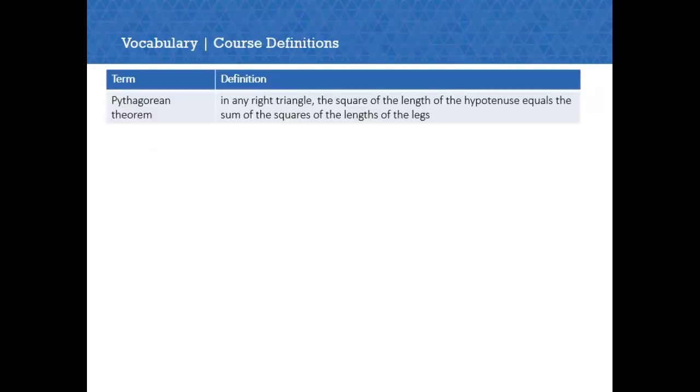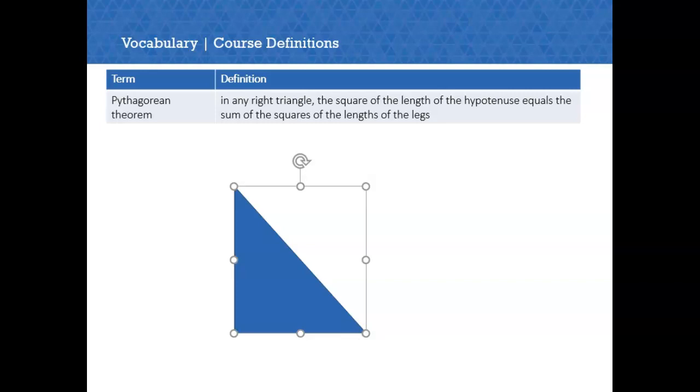Just as a reminder, the Pythagorean theorem states that in any right triangle, the square of the length of the hypotenuse equals the sum of the squares of the lengths of the legs. So a quick picture of that. Remember, a right triangle has to have one right angle. The hypotenuse is always directly across from the right angle.